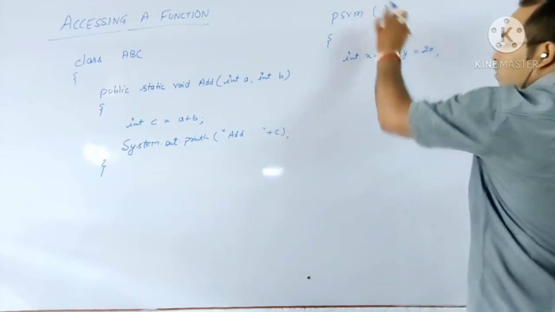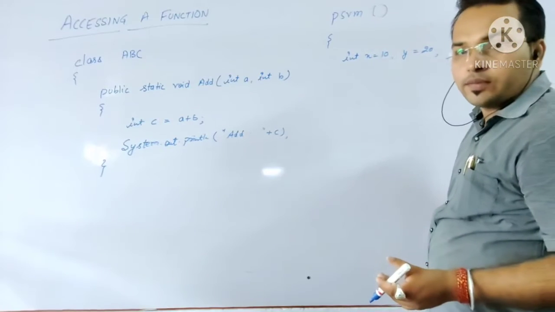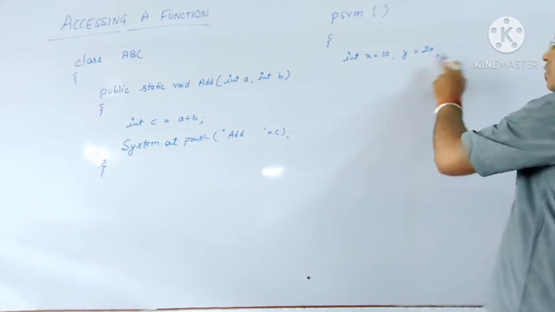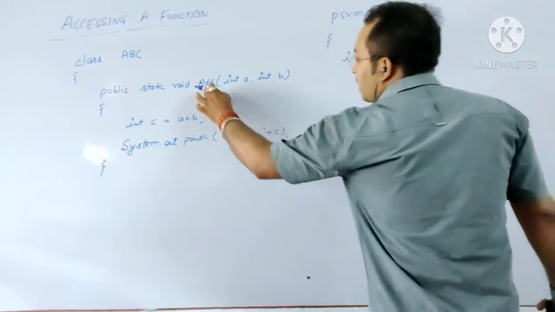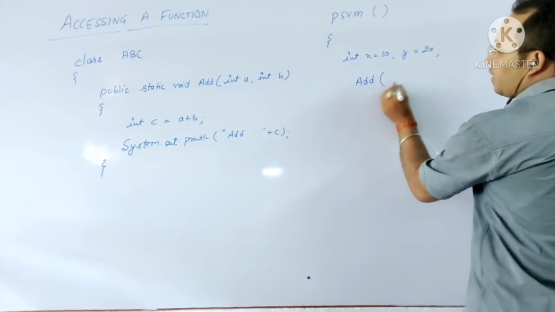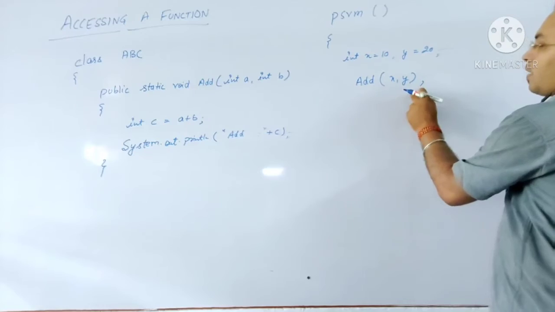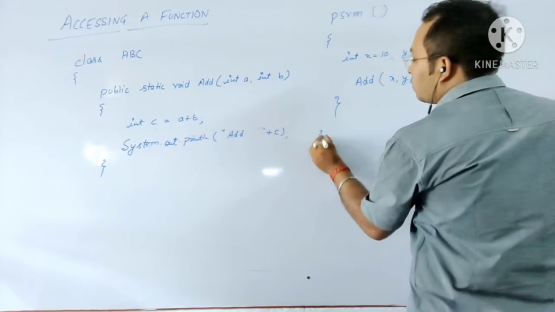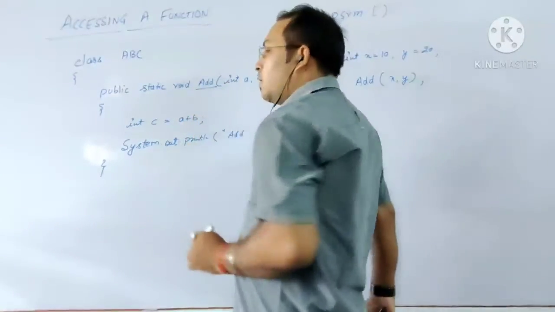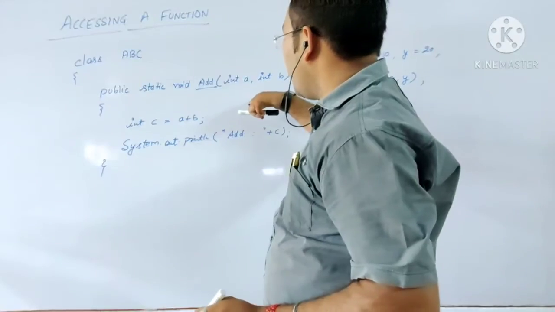You can give values over here also, and inside you can call the function. The name of the function is add; pass the values x comma y. It will call the function add, and whatever values are here will be passed on to it.